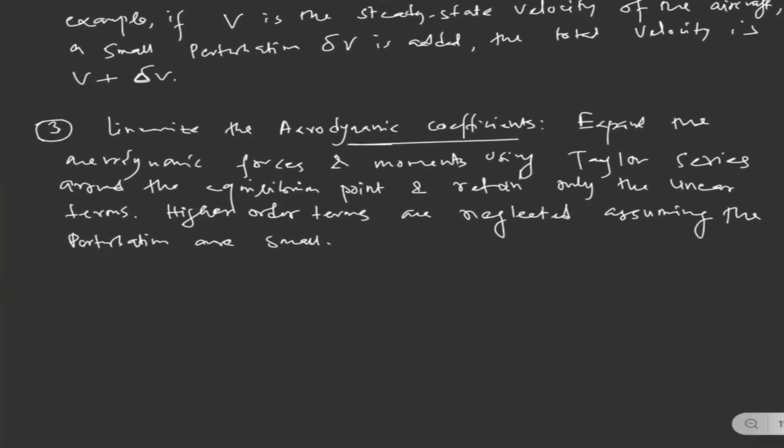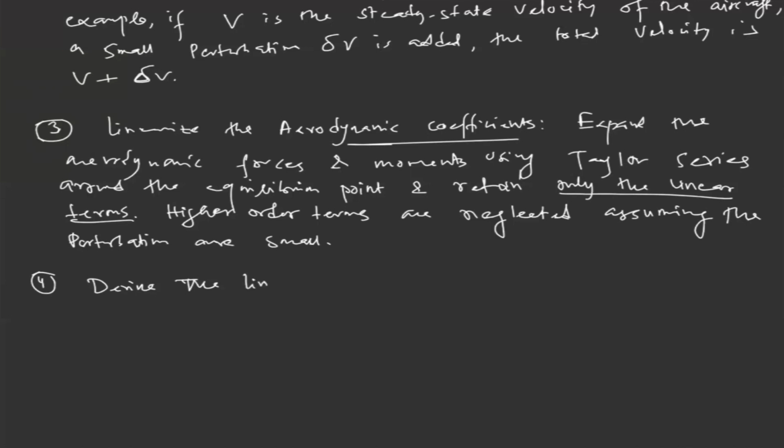And the next step: from this step, we'll find the linear equations and derive the equations. So basically we'll retain only the linear terms in the perturbed equations. We'll neglect the coupling terms or higher order terms. Then we'll derive the equation of motion in linear regime.